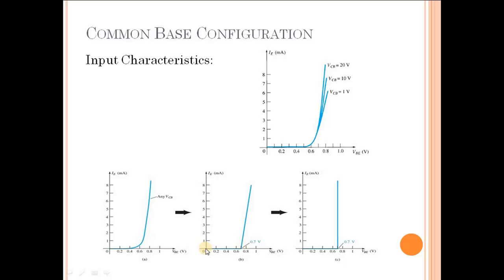Adding one more layer of approximation, we can ignore the slope of this linear curve. This slope gives us the resistance of the base emitter PN junction, and this resistance is so small that we can think of ignoring it.